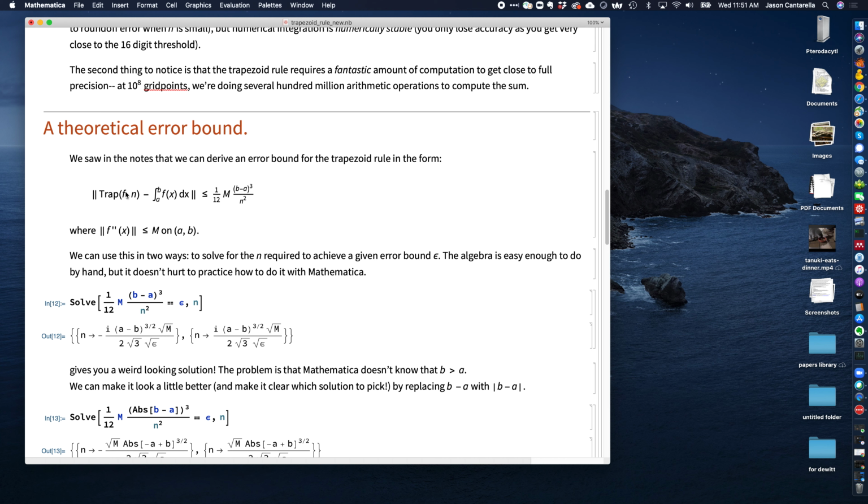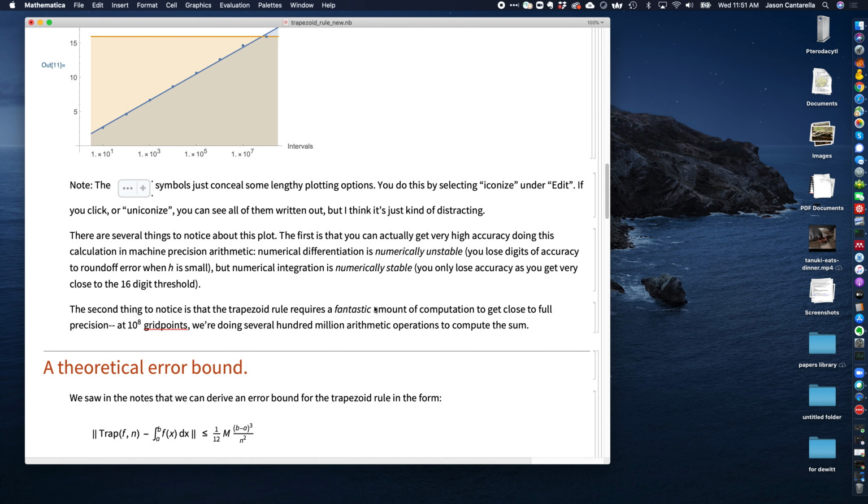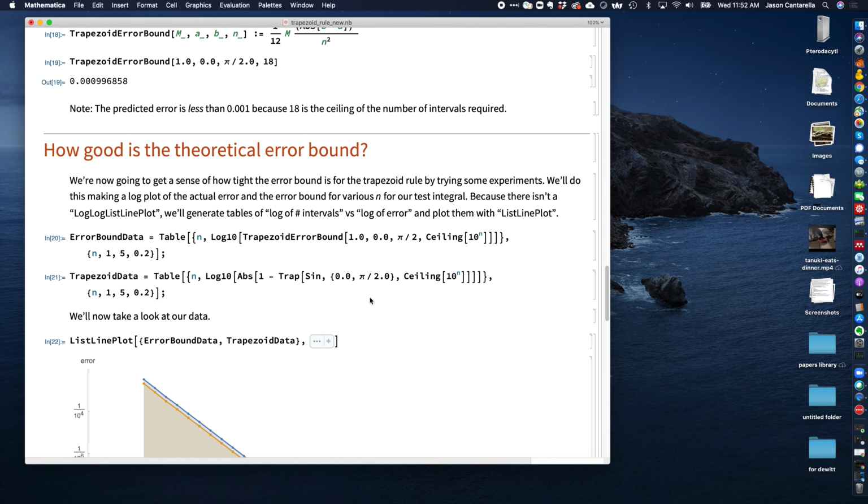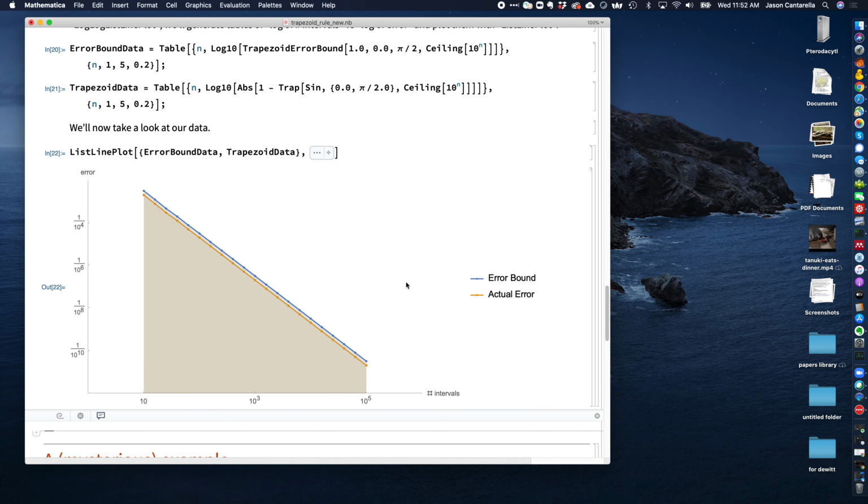It does not mean that the floating point computation of the sum in the trapezoid rule is closer to the actual integral than this. It's still possible for round-off error in the computation of the sum to lead to a larger error than this approximation error bound. It's just rare because summing is a lot better in terms of round-off error than the kind of differencing we were doing for numerical differentiation. So I just wanted to clarify that point from last time.